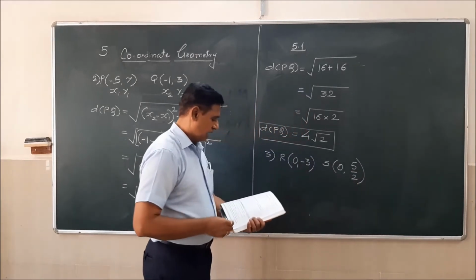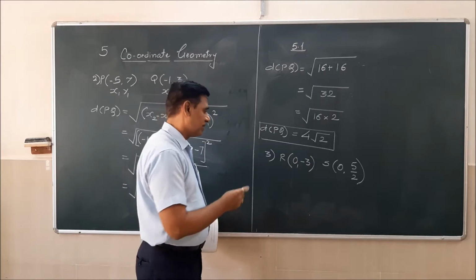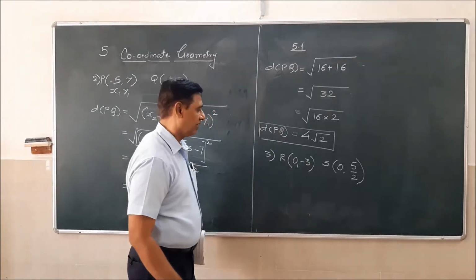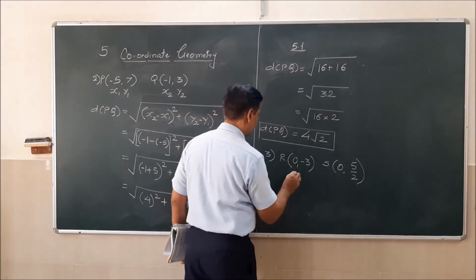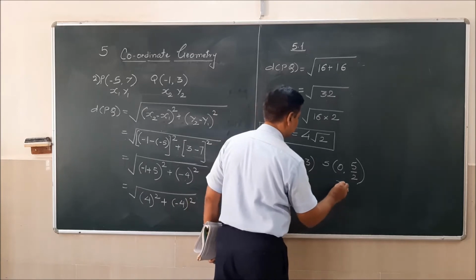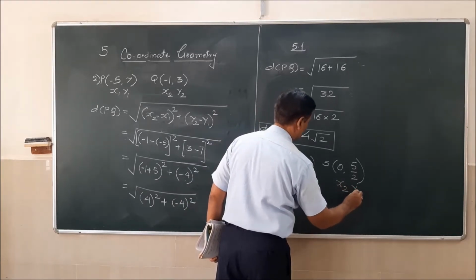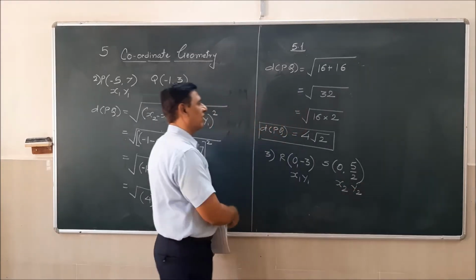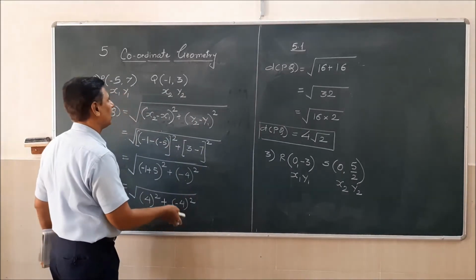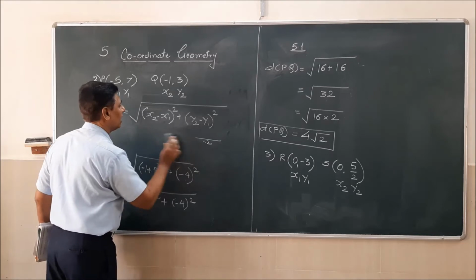Again you see R has coordinates 0, minus 3, while S has coordinates 0, 5 by 2. So I'll call R x1, y1, and S x2, y2. Now I am going to find out distance RS. So let's find out distance RS.